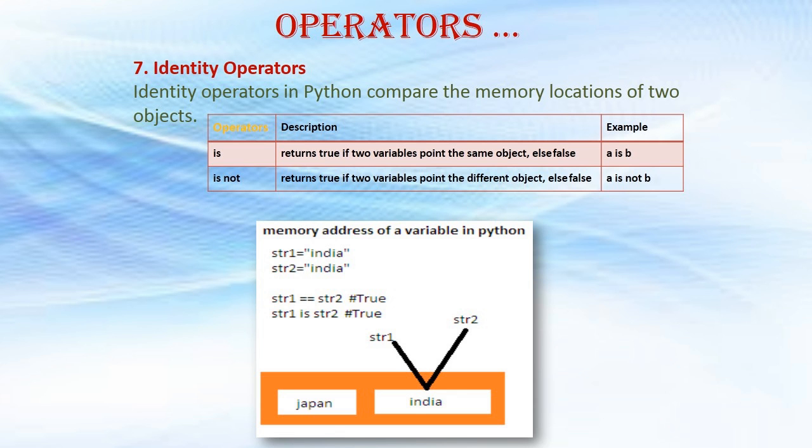Now str1 double equals str2, which means the left hand side value should equal the right hand side, so it will return true.